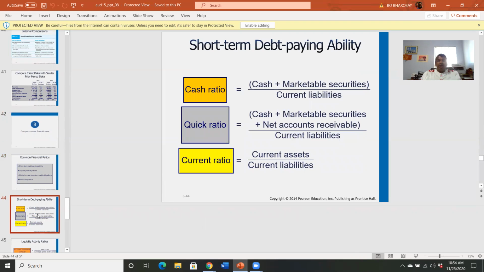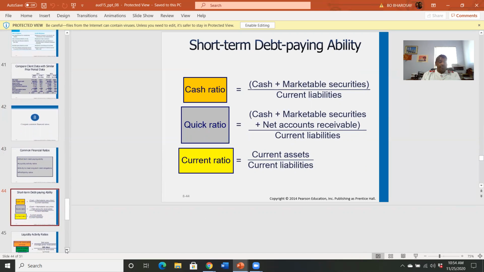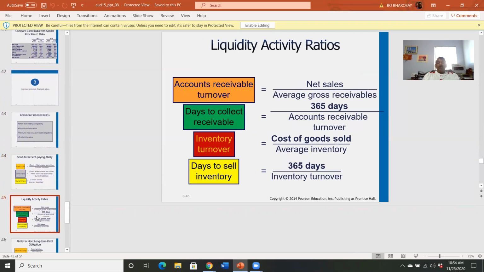For short-term debt paying ability, you're looking at your cash ratios, quick ratios, and current ratios. For liquidity ratios, you're looking at accounts receivable turnover, days to collect receivables, inventory turnover, or days to sell inventory.